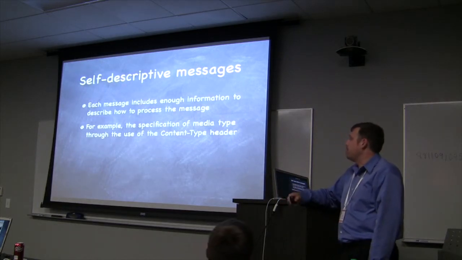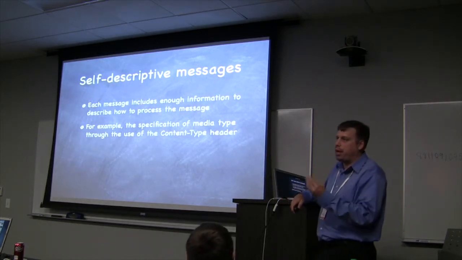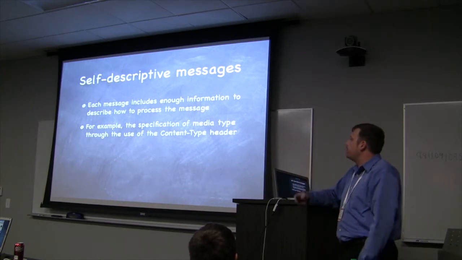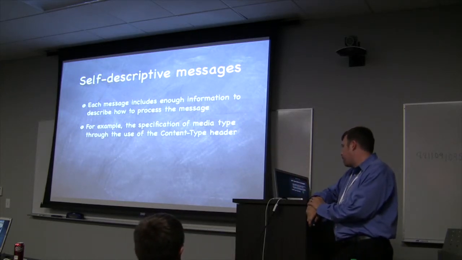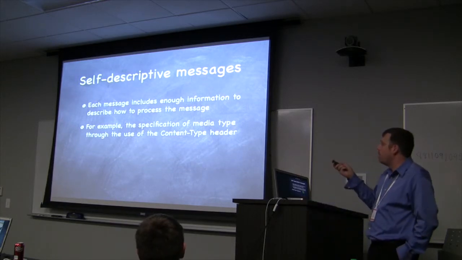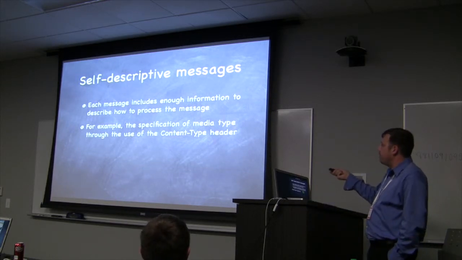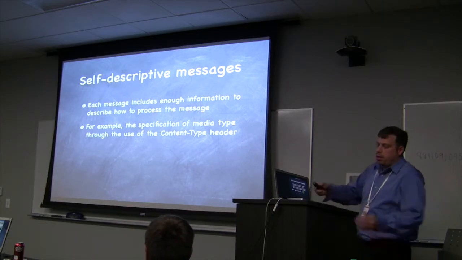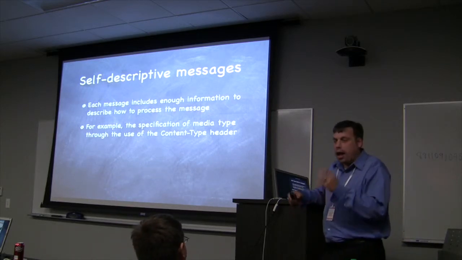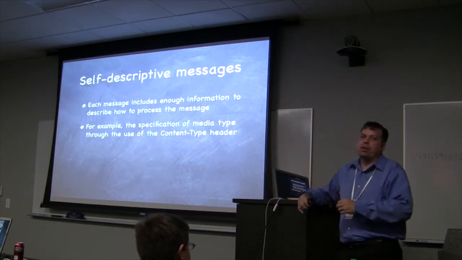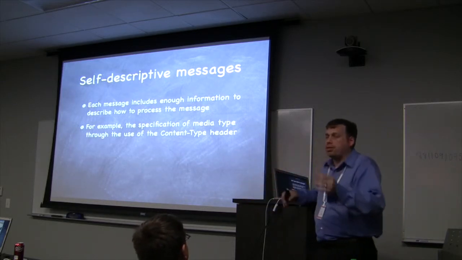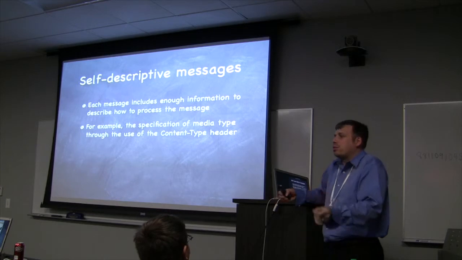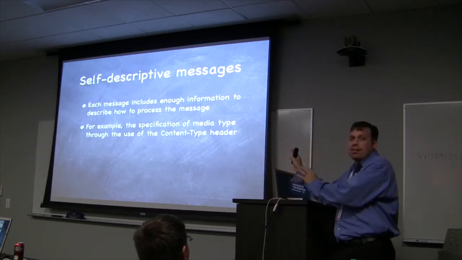All right, self-descriptive messages. This is the third guiding principle behind REST. Each message includes enough information to describe how to process the message. For example, we'll use a content type header. I have a resource on my server that is a circle. Now, you can argue about what kind of resource that is, but bear with me, it makes an excellent example.